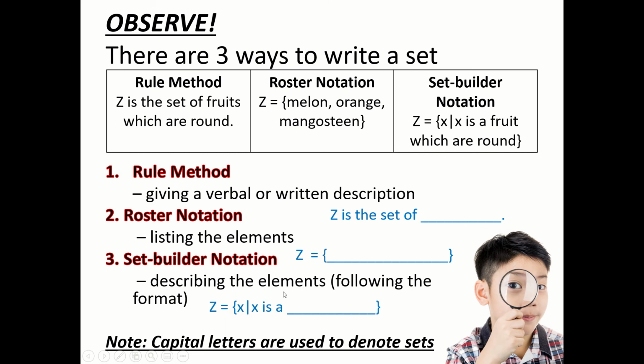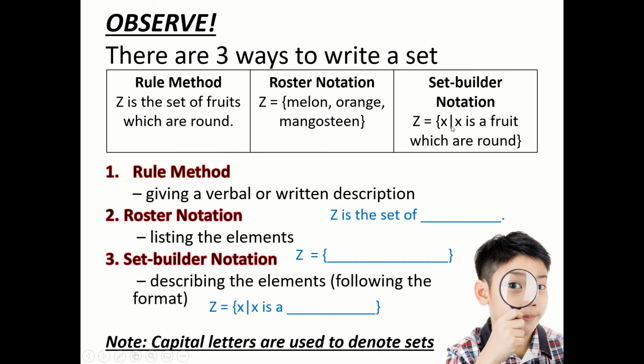And then, what's something different here in set builder notation is that if we don't know the member, we will represent that using a variable x, small letter x, or it can be any letter as long as it's a small letter. Take note, the name of the set is a capital letter, but the member should be a small letter.